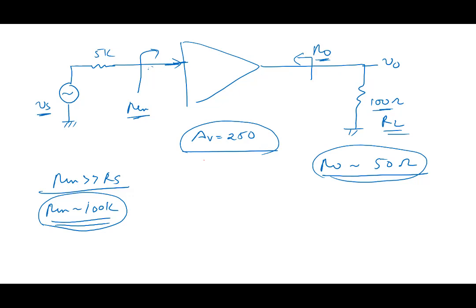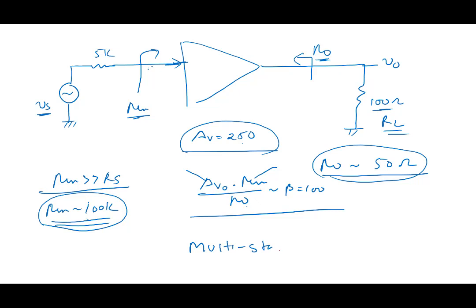Asking one single common emitter stage to give a large Rn, a small R0, and a large AV0 is not possible. We saw that AV0 times Rn by R0 is beta, 100 let's say. A single stage cannot give you everything good: AV0 of 250, Rn of 100K, R0 of 50 ohms. That's why you have to go to multi-stage amplifiers.